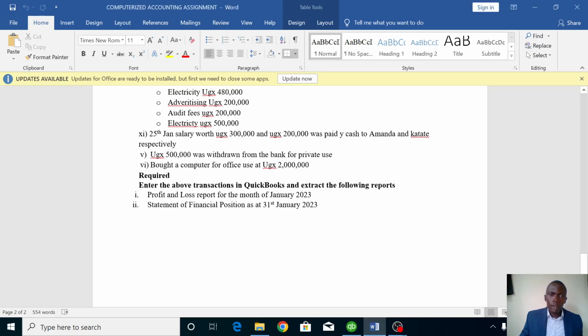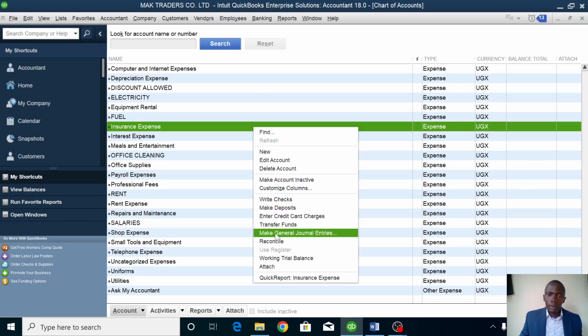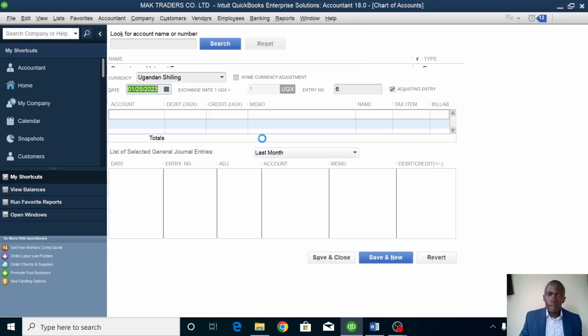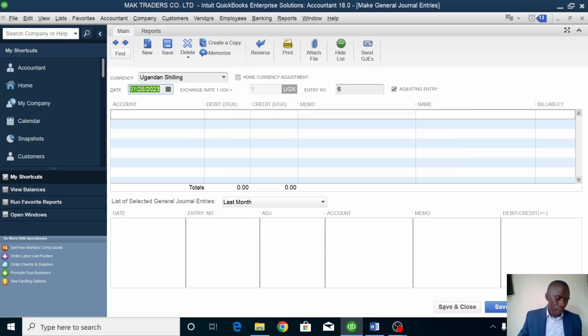They are saying UGX 500,000 was withdrawn from the bank for private use, meaning that is a drawing. So we go to make journal entries. The date we are not given, meaning it is the 25th.